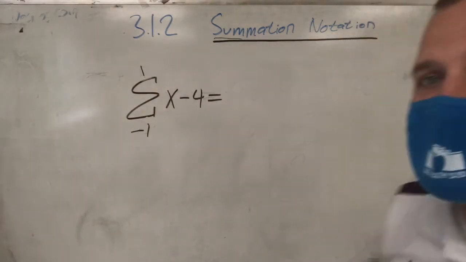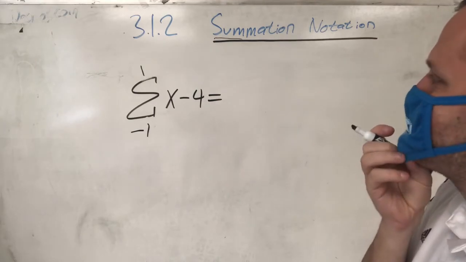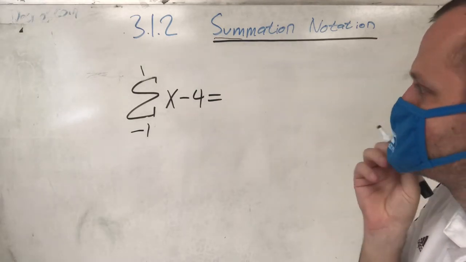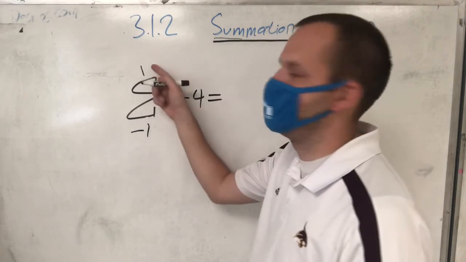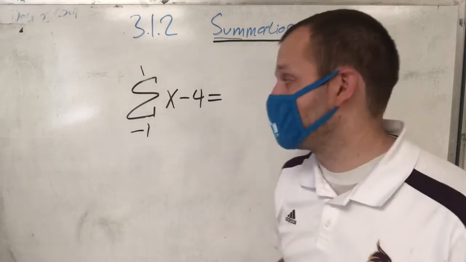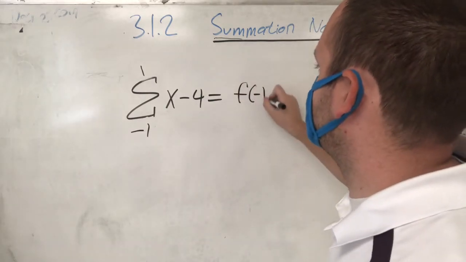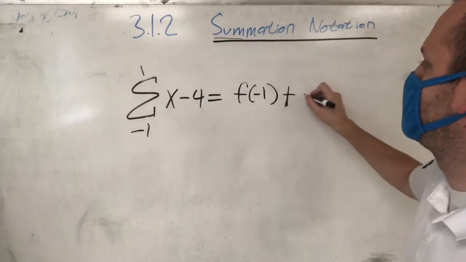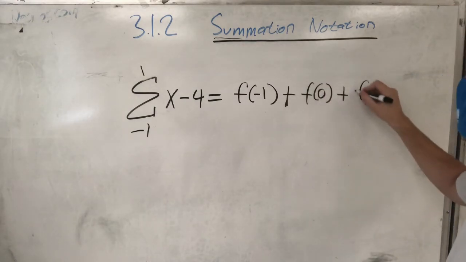Let's try one more. So we've got x minus 4 as our equation. We want to know what is the summation of this equation from -1 to 1. Well, let's figure it out. We're going to plug in f of -1 plus f of 0 plus f of 1.